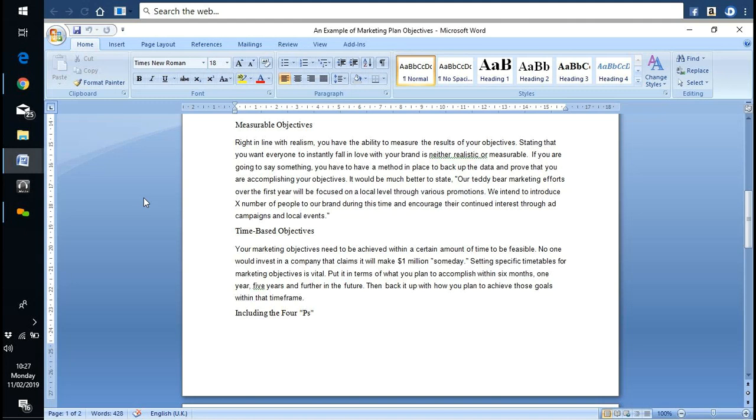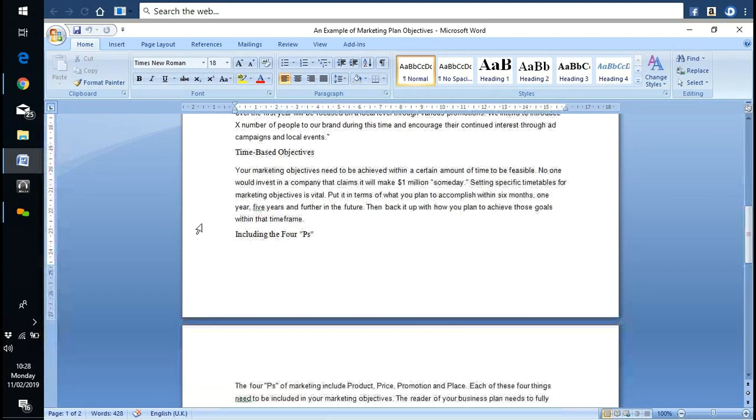And there's got to be some sort of time limit on it. It's got to be over a specific period, not just, well, we'll try and do it in the next 12 months or something. It needs to be focused. So your marketing objectives need to be achieved within a certain amount of time. Like it says on here, I'll make $1 million someday.